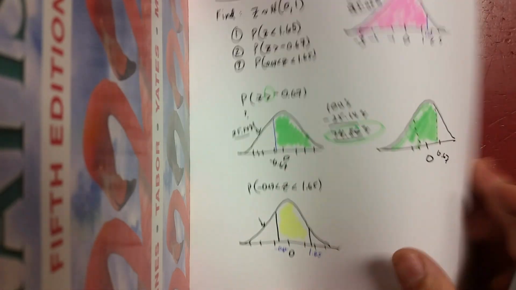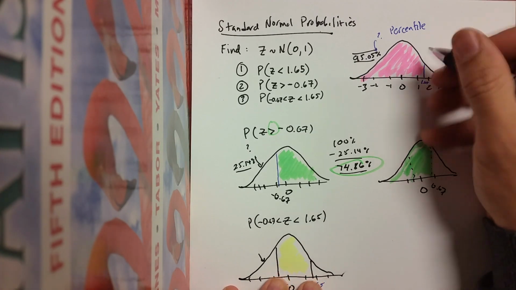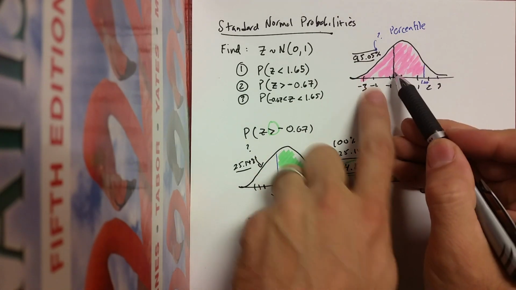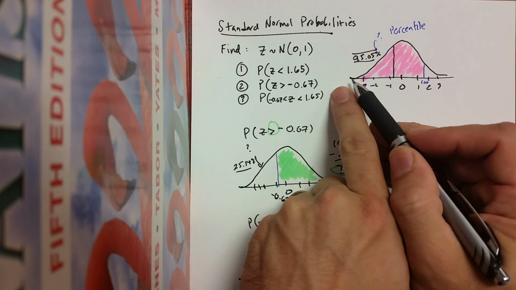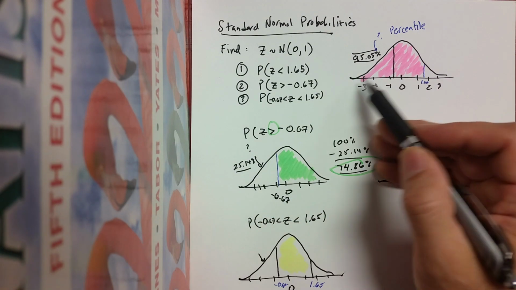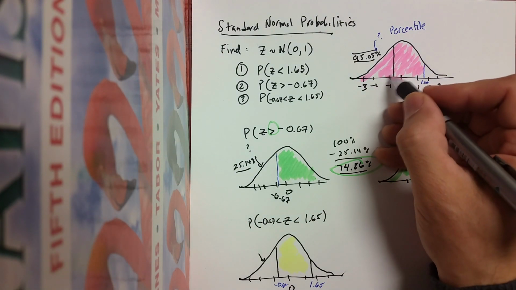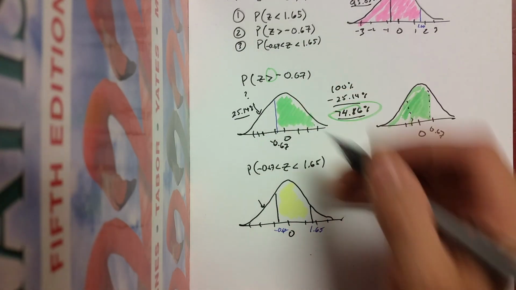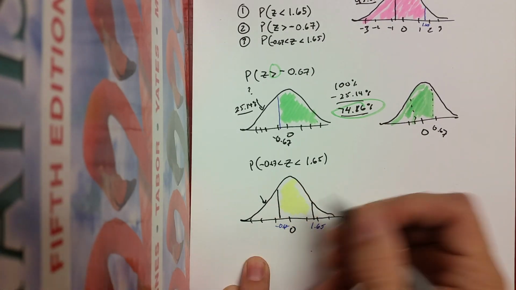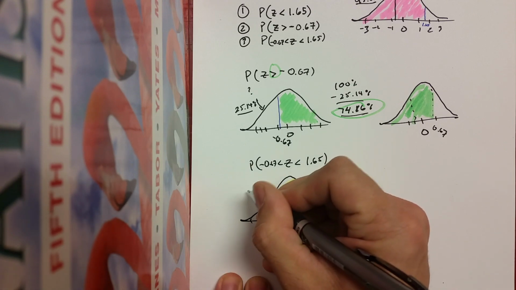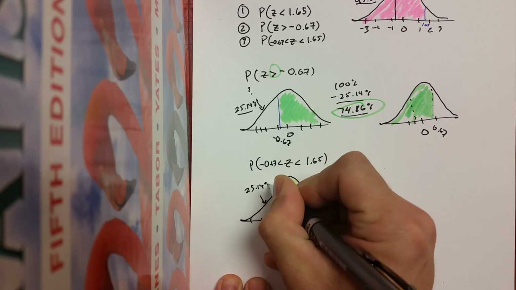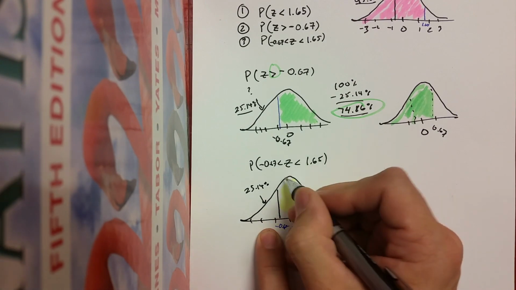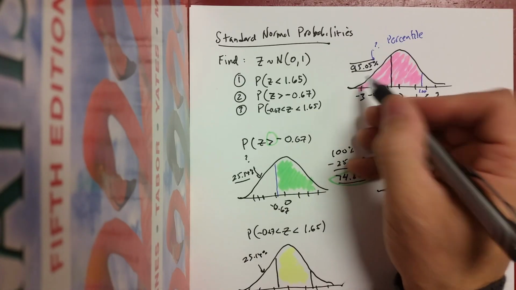If in the problem up here I'd just drawn a line at negative 0.67, I could subtract everything to the left of negative 0.67. Now, how much is that? I found that right here. From this problem, I can see that the area to the left of negative 0.67 is 25.14%. And everything to the left of 1.65, remember, was 95.05.